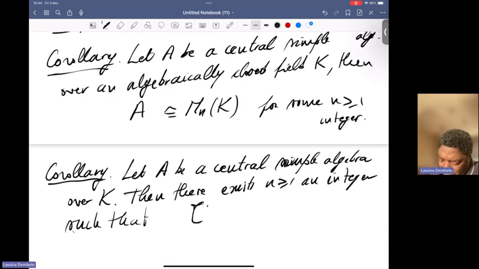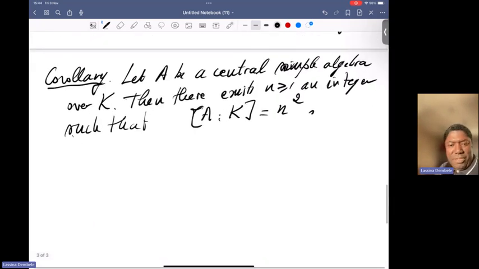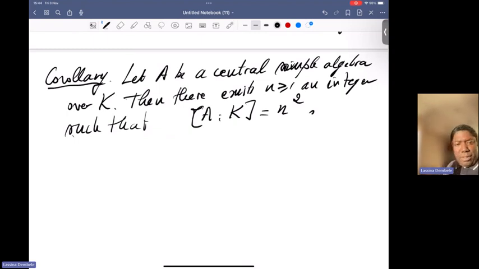So this is basically saying that the dimension of A over K is a square. Again, this is fairly easy to prove using one of the equivalent conditions that we saw.